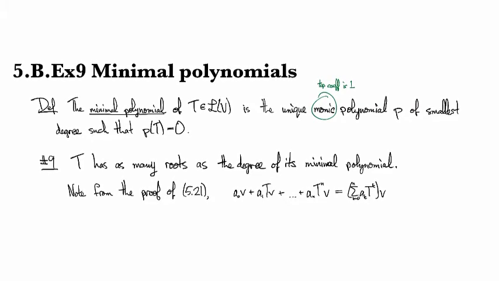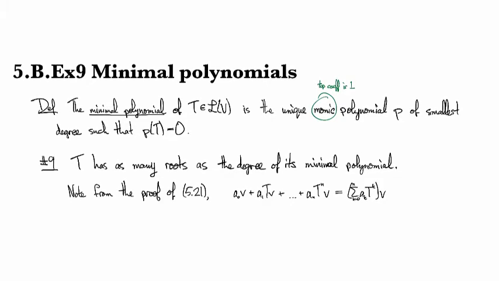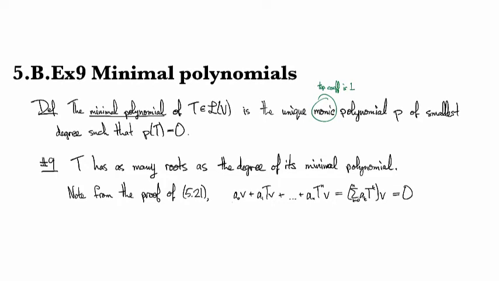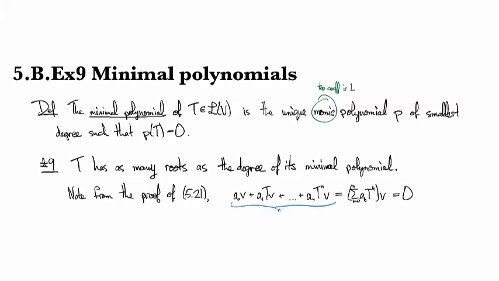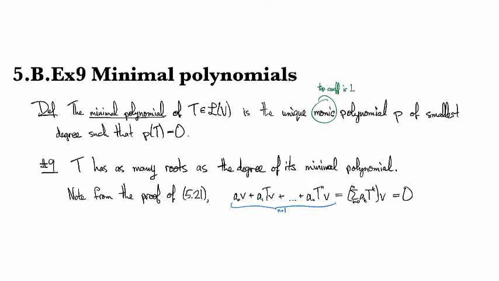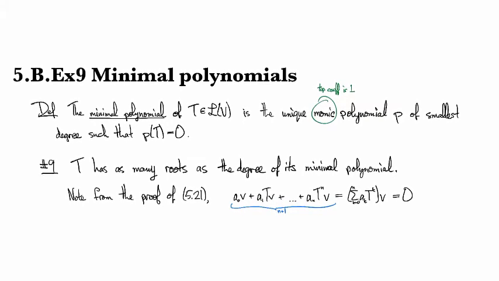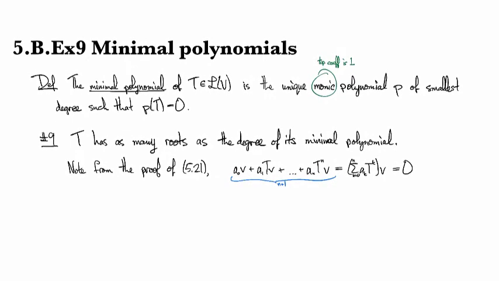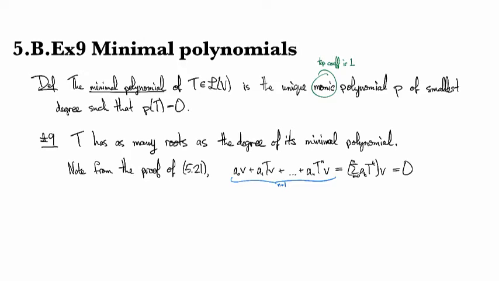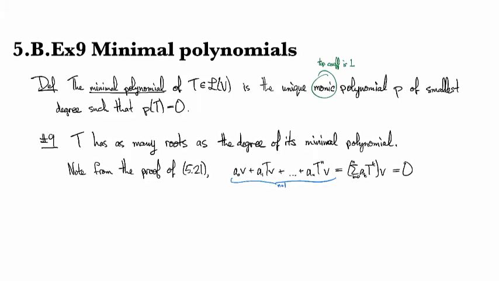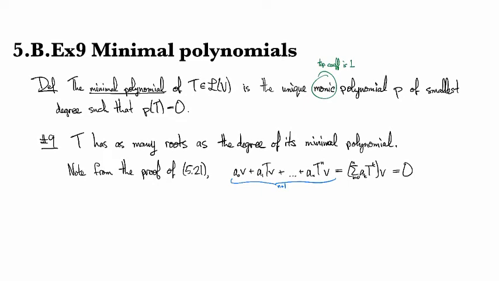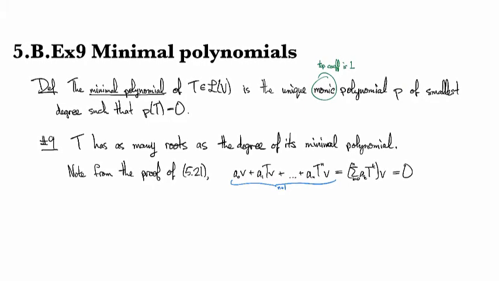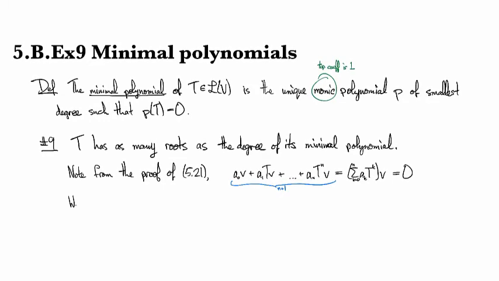Then we know that it's possible to find coefficients that make this zero out because we've got n plus 1 vectors over here and we're in an n-dimensional space, so it has to be linearly dependent. Okay, so we know we can solve that equation, and then that tells us that there's definitely going to be some polynomial that has this property that when applied to T, it's the 0 operator.